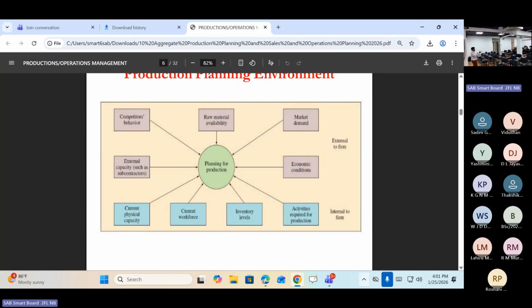Because depending on the economic conditions, the demand for your product may vary. You may forecast higher product demand, but due to economic conditions, the required quantities may be different.